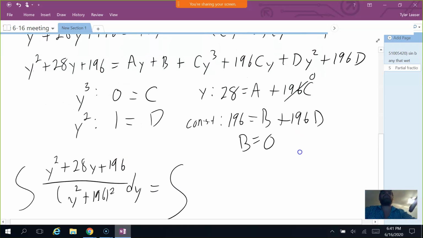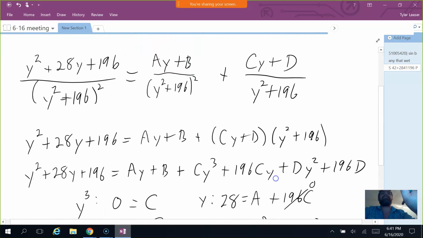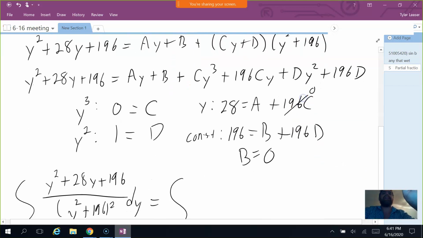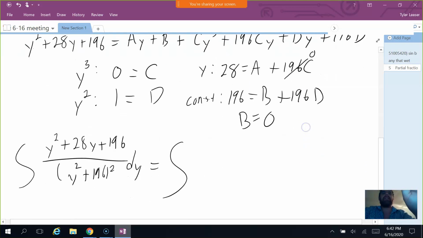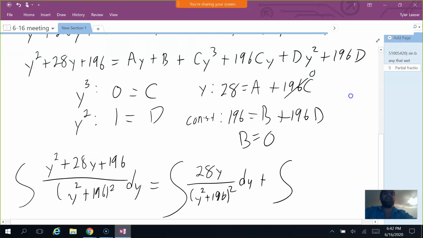But now what we have is two separate integrals. We're going to have the integral of that first fraction. That first fraction was ay plus b over y squared plus 196 all squared, where my a is 28 and my b was 0. So this is just going to be 28y plus 0 over y squared plus 196 all squared dy, plus the integral of the second fraction from the partial fraction decomposition.